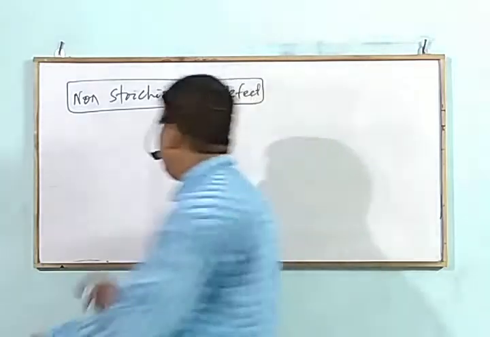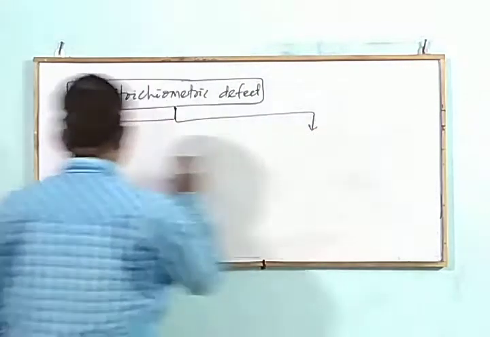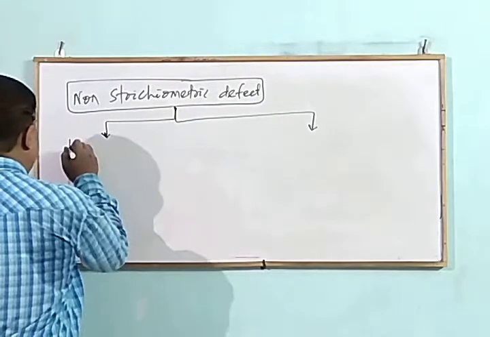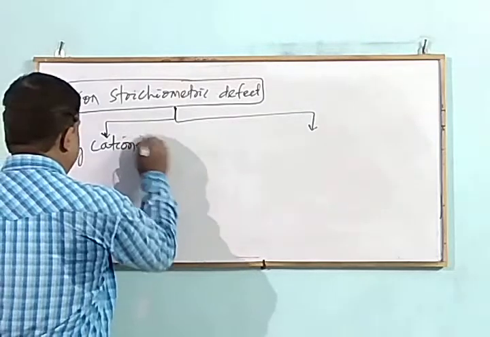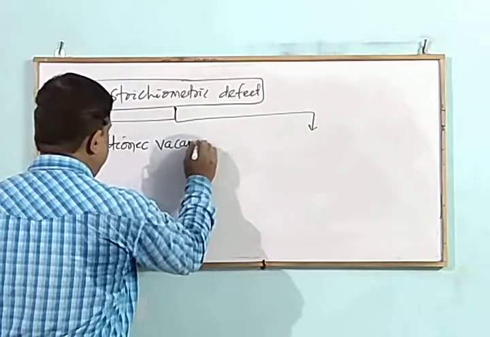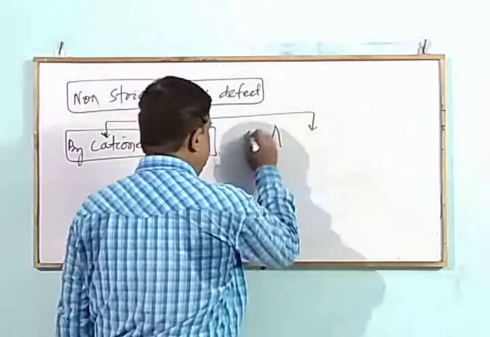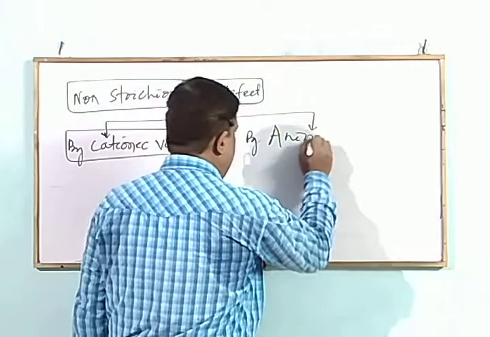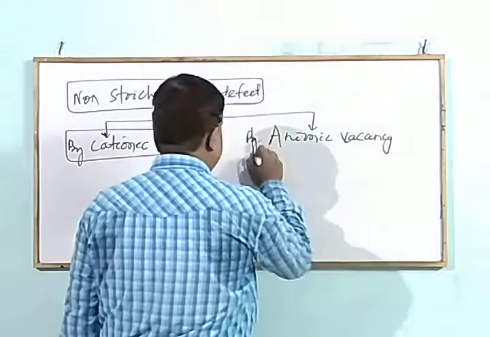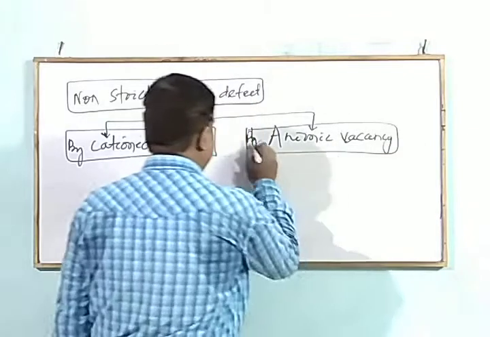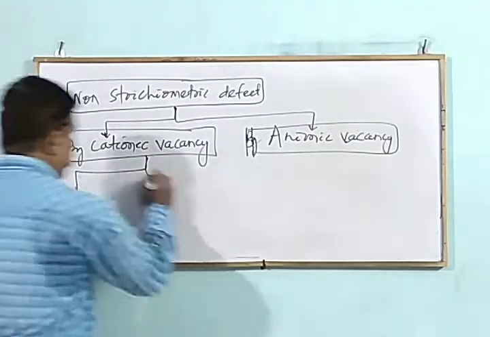Mark that. Again, I draw this one. It is of two types. It is carried out by cationic vacancy, and another one is by anionic vacancy. And this cationic vacancy is carried out in two different ways.